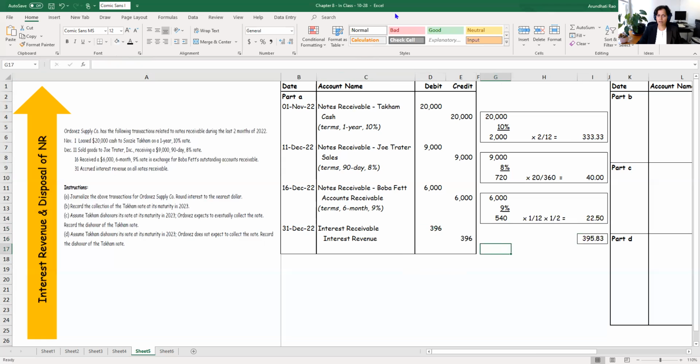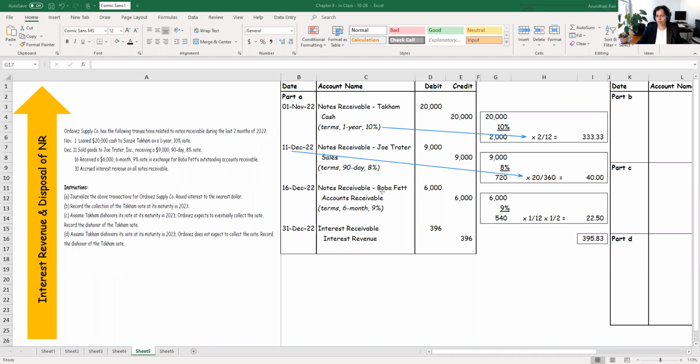Once again, to quickly recap and see what we're dealing with over here. We have a 1 year 10% note. The adjustment is multiplied by 2 over 12. For the second one, look at the date.